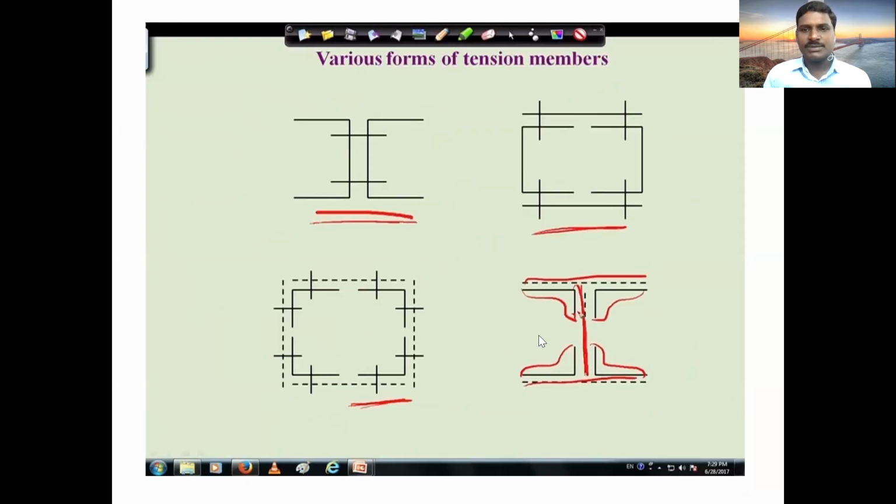Again these shapes we are using. Okay, over.